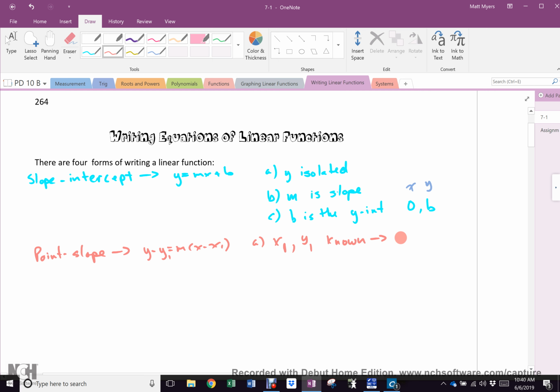But there's a warning. What's the warning? What do we have to remember? They're opposite. They're the known points. b, m is still slope.